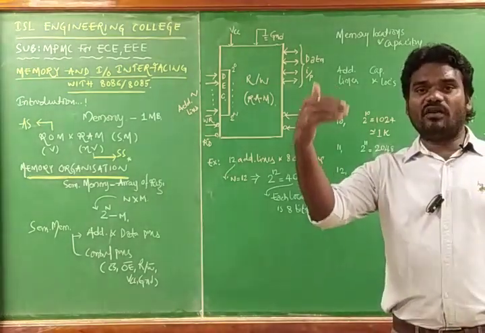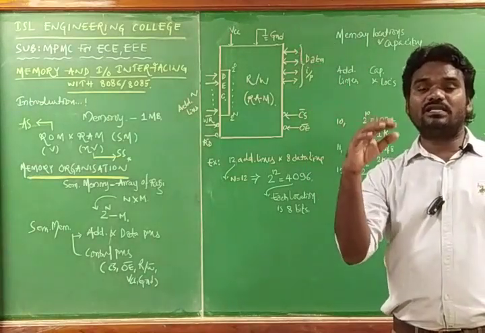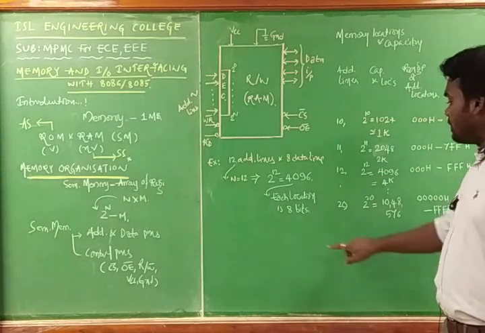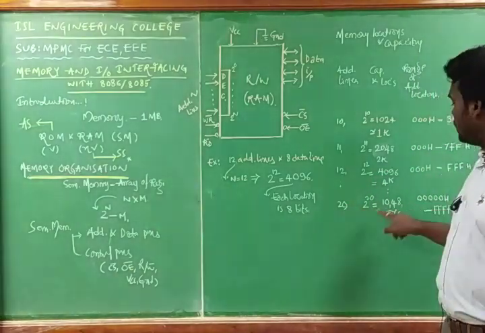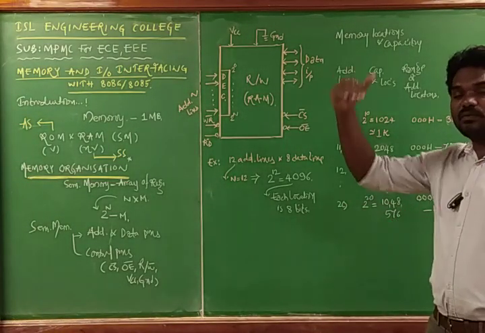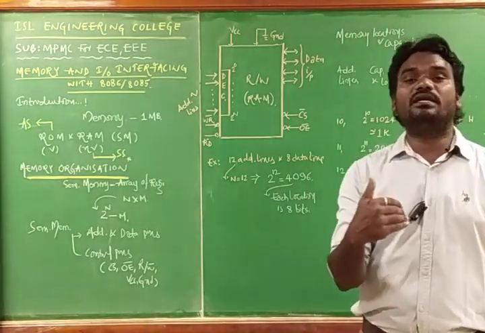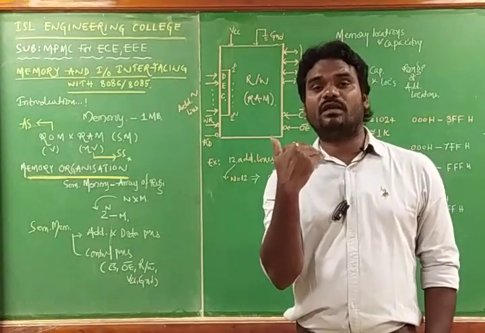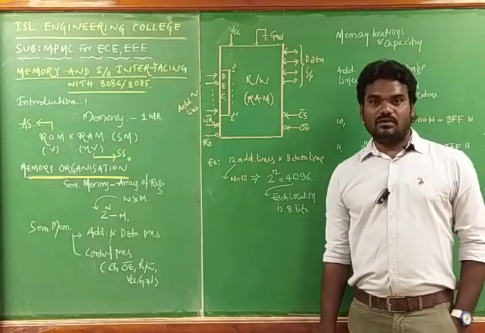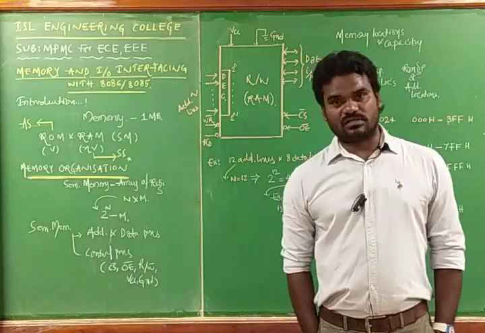2 power of 20 address combinations is nothing but 10,48,576 memory locations, from 0 up to that. Each memory location has the capability of storing 16 bits of data, because this 8086 microprocessor is a 16-bit processor.